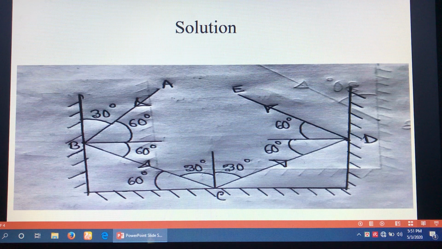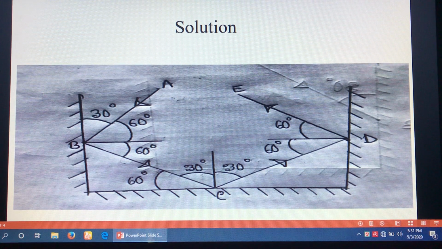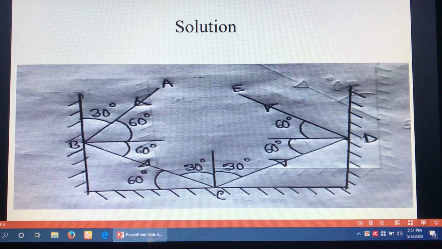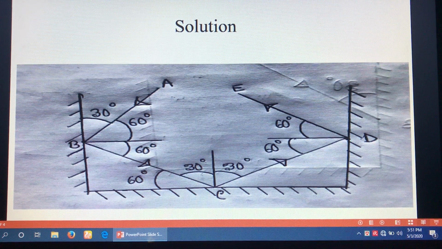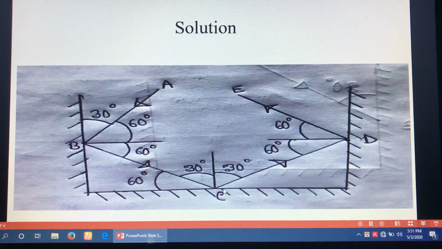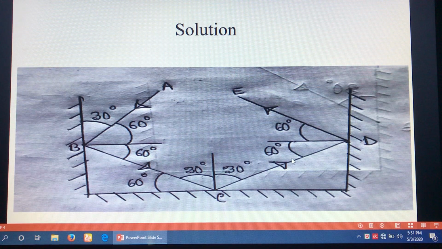Similarly, the reflected ray moves away at an angle of reflection of 30 degrees. So this is the angle of reflection, 30 degrees. In this way, the light ray is reflected.